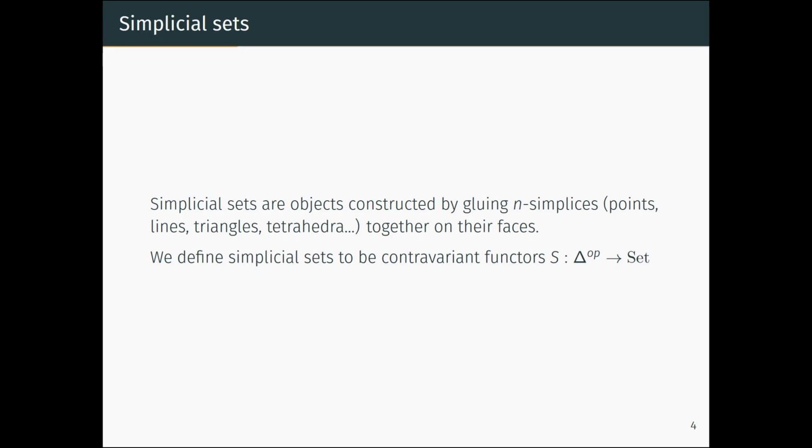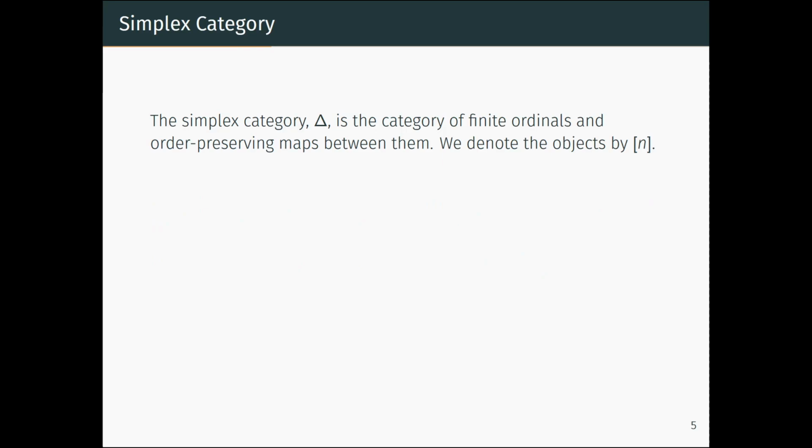We denote that Delta, the simplex category, which is the category of finite ordinals and order-preserving maps. The objects we denote by [n], and in the finite ordinal sense, that would just be 0, 1, 2, 3, up to n.